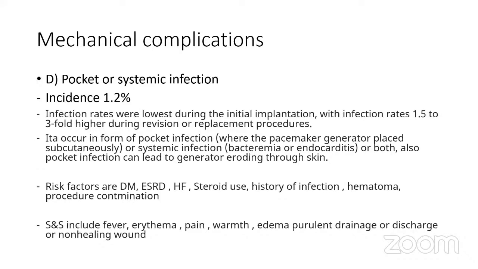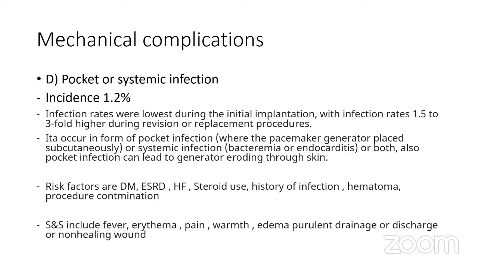It can be in the form of pocket infection in the generator, where the generator is placed subcutaneously, or systemic infection like bacteremia and endocarditis, or vegetation of the leads, or both at the same time. Also, the local infection, like in the pocket infection, can lead to generator eroding through the skin.